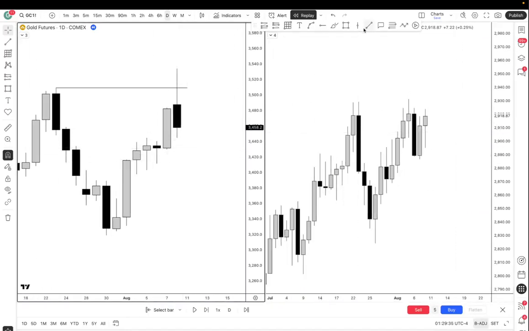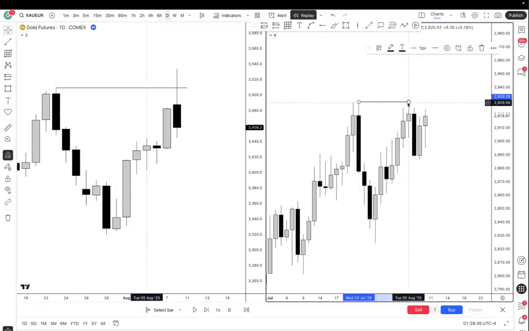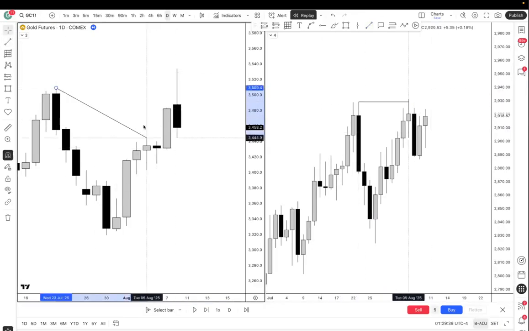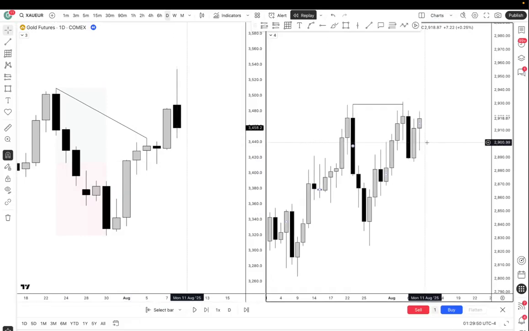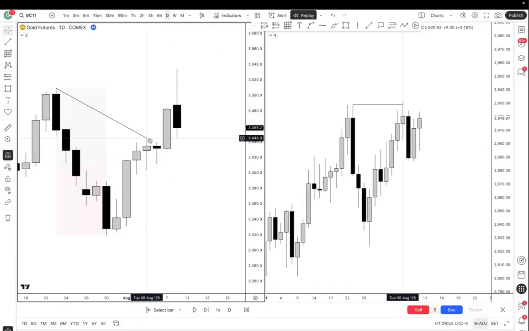When an asset reaches a high, look where gold is right now. It's in EQ of the range. There's really only two things that can happen. Here's one of the things: this asset over here retraces while this one expands to catch up.